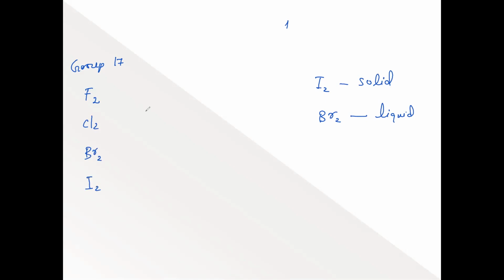Among these, this is very, very important. Down the group, the molecular surface area is increasing. So what type of bond is available for group 17?